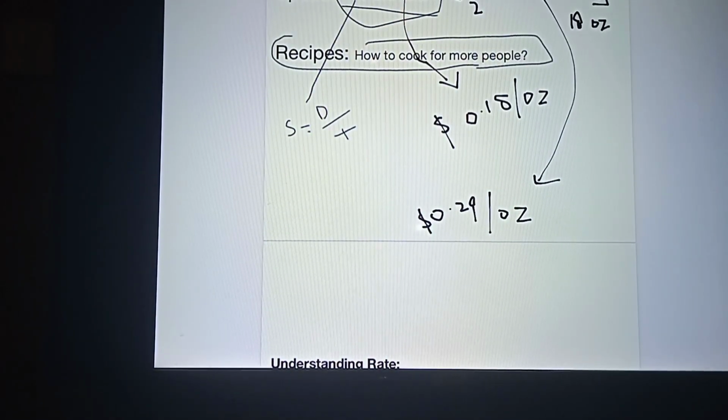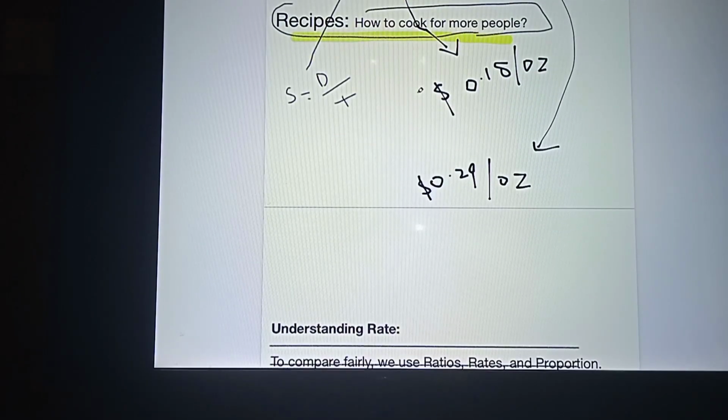While cooking and using a particular recipe, our interest is to know how many people this recipe will be enough for.